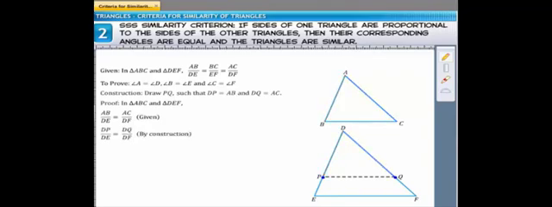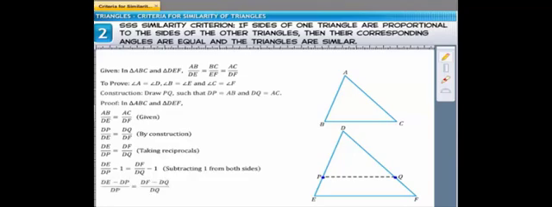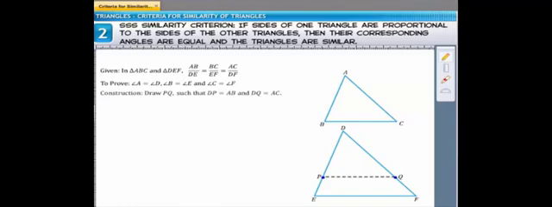Taking the reciprocal, we can also write the equation as DE upon DP is equal to DF upon DQ. On subtracting 1 from both sides of the equation and simplifying, we get PE upon DP is equal to QF upon DQ. Now taking the reciprocals again, we get DP upon PE is equal to DQ upon QF.